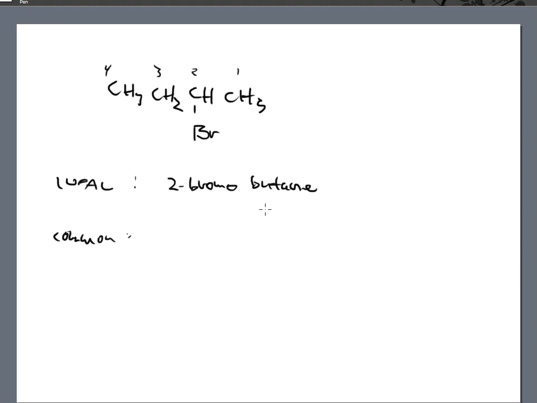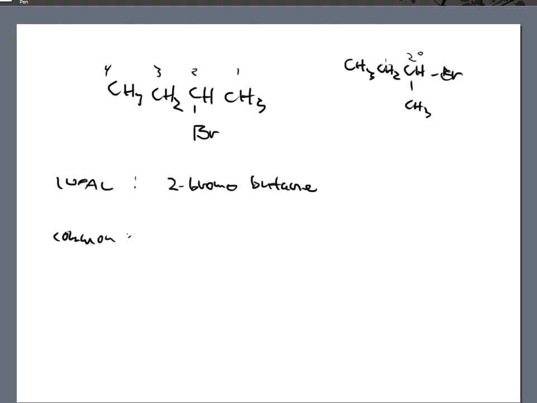Okay? Again, very similar to what we've been doing in the past. The common name here, though, is a little bit strange. The common name, I could rewrite this. Maybe you'll see it a little bit better if I do this. Again, it's a kink, but it's not a true L, so it's not an iso unit. This bromo is attached to a secondary carbon.